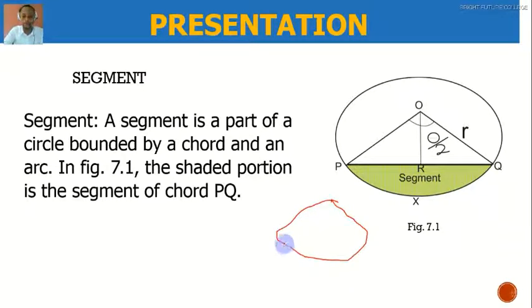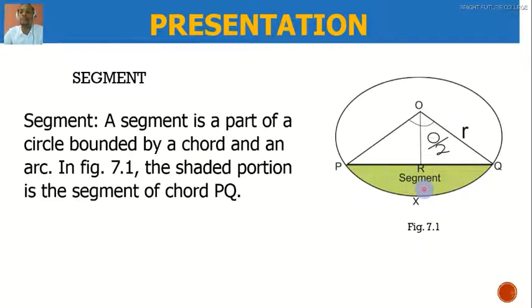Let's assume that this is a circle. This portion that I'm trying to shade serves as the minor segment, and this one up here is the major segment. So in this diagram, the area that is above the chord PQ serves as the major segment, and this is the minor segment.